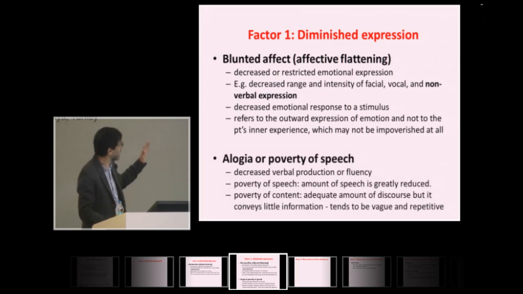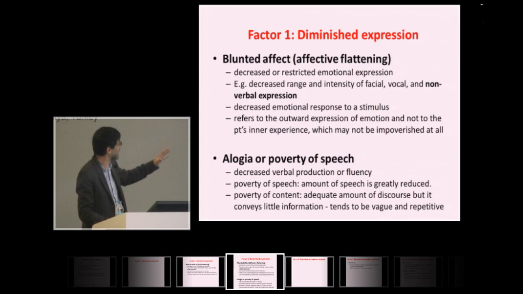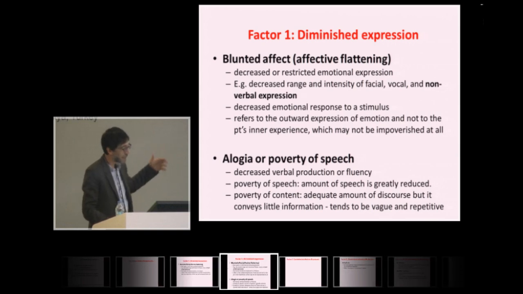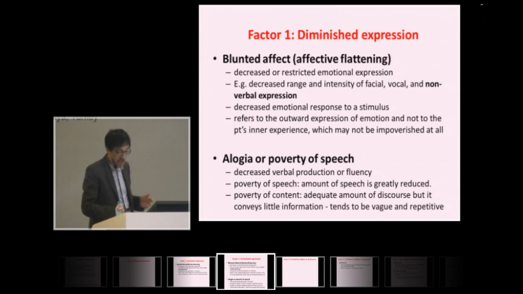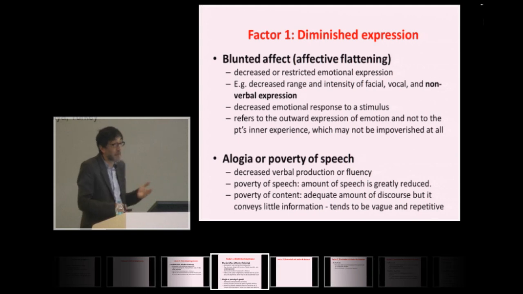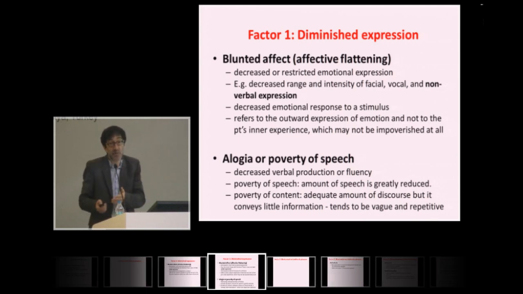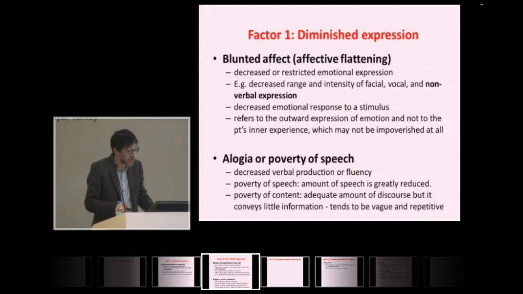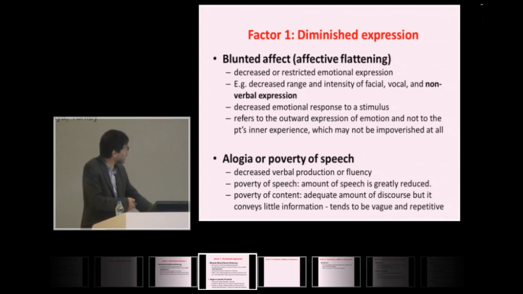We also have alogia, or poverty of speech. This is a bit more complicated than is often written about in the books. The amount of speech is reduced, so when you talk to patients, they often answer with no or yes, rather than elaborating on the questions you ask. But you can also get poverty of content.